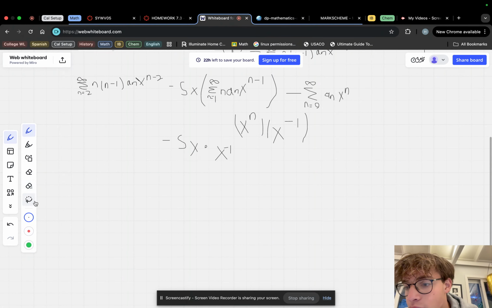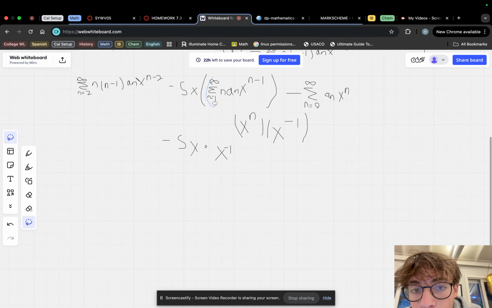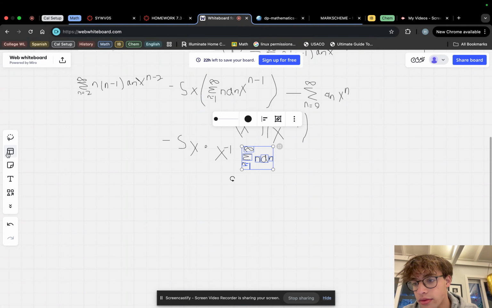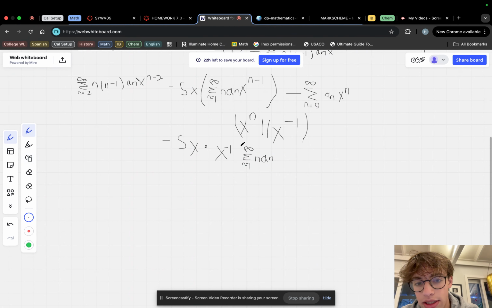And then I'll use my tool. Like that, right around here. So this is what we have now for this middle term, and you can see that this x will cancel out.